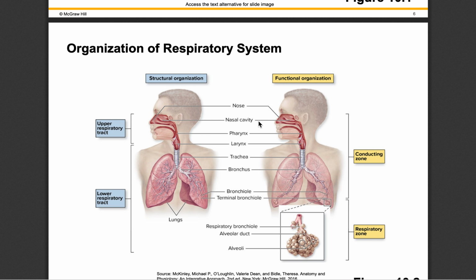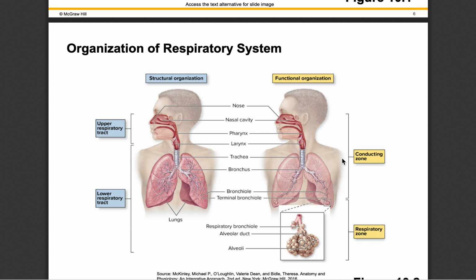Our respiratory system has a structure to it. Most of us know about things like our lungs and our trachea, but you also have to consider the nose, the nasal cavity, and the pharynx. You have your bronchioles and your bronchus. That really divides our respiratory system into two zones.